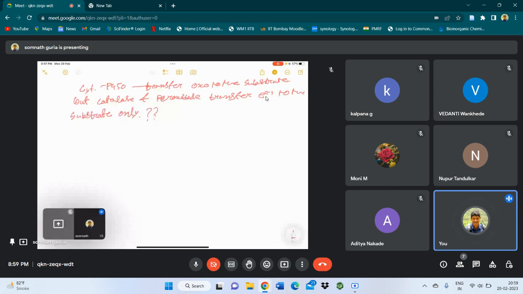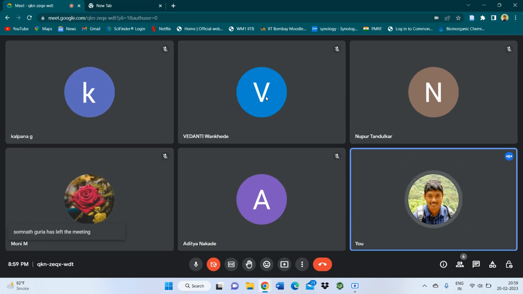Here the porphyrin is a cation radical, so it takes one electron from the substrate, so only electron transfer happens. The same thing happens in the peroxidase enzyme also.